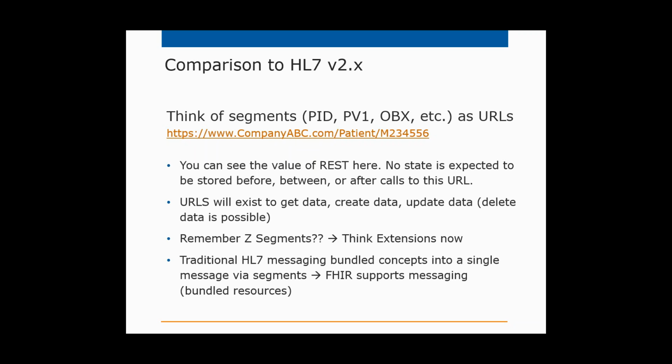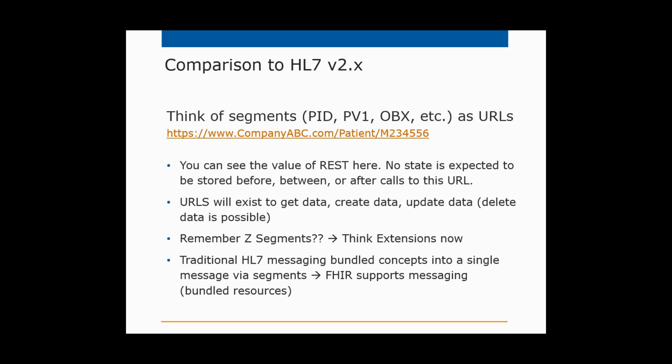With FHIR, think of Z segments as extensions. It's that piece of data or that healthcare topic area in an intended solution that didn't make the 80-20 rule. It didn't fall into the 80%, so it's not in the defined FHIR spec. So you're free to go out and create an extension to cover that need.